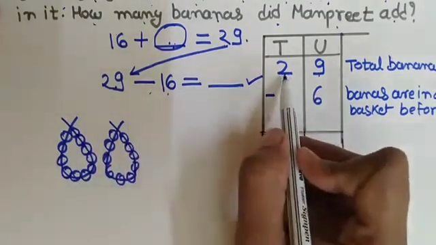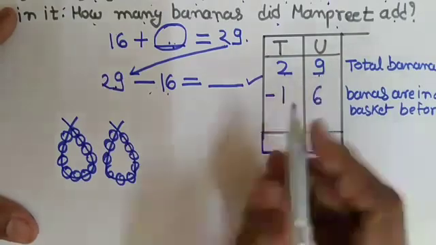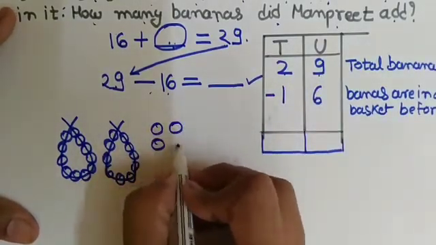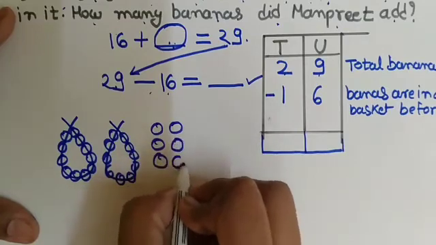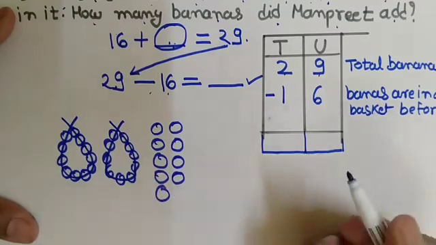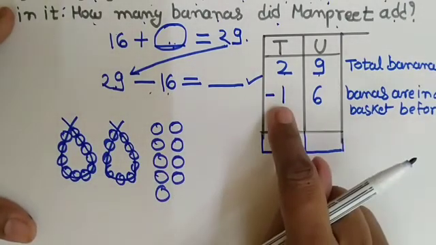And in 29 we have 2 tens and 9 units. For units we have to make single beads, single 9 beads: 7, 8, 9. From that we have to subtract 16.